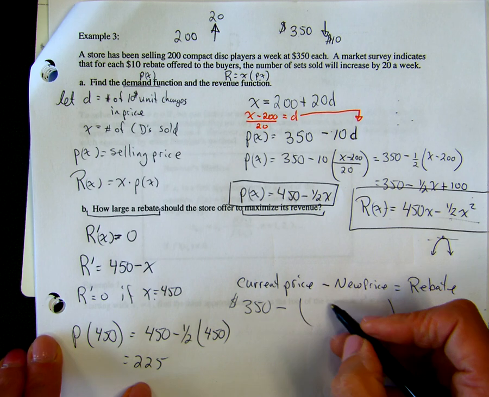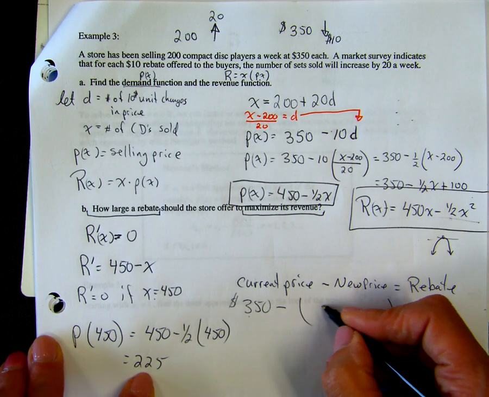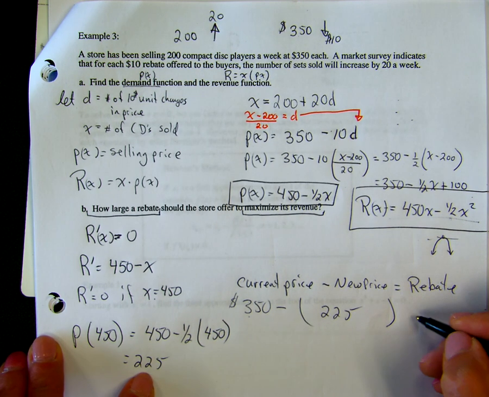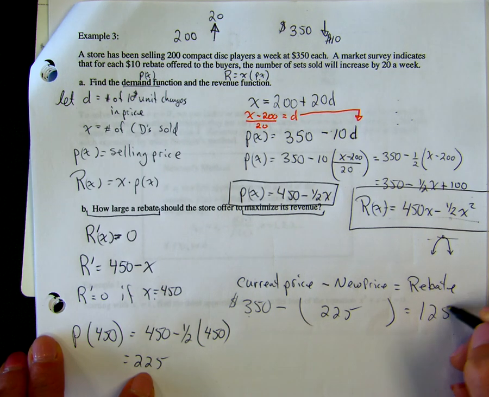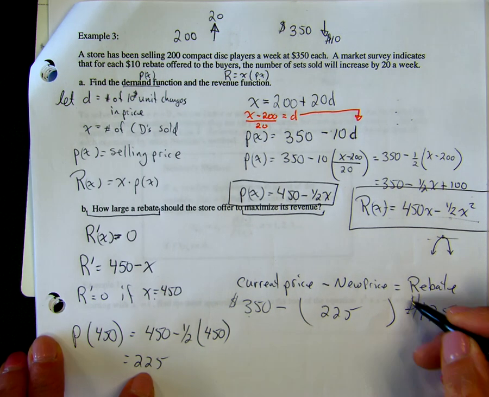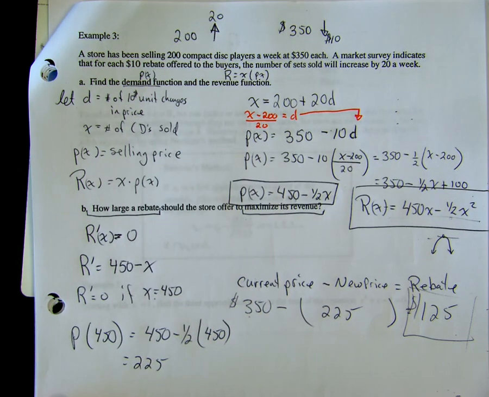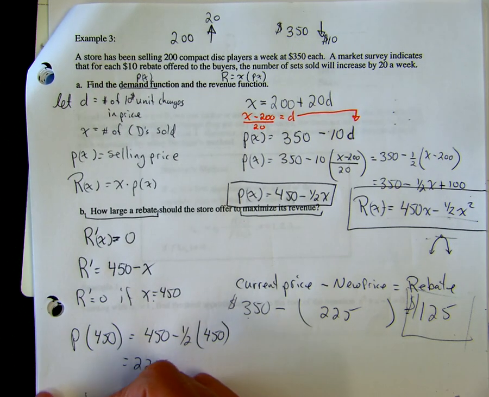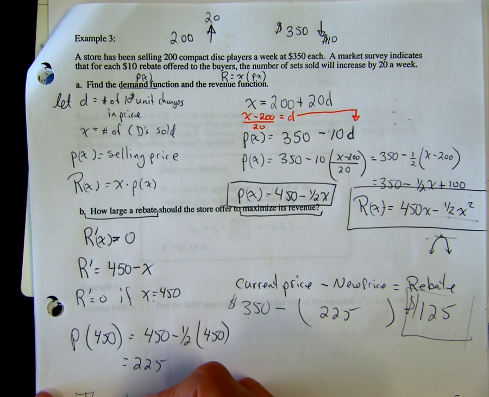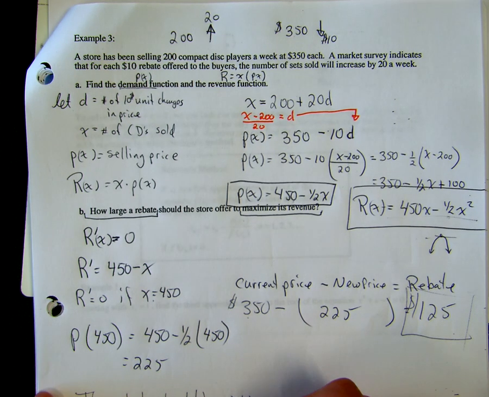So my original price, 350, minus my new price, 225, gives me the rebate, $125. How large a rebate should it offer in order to maximize revenue? The rebate should be $125.